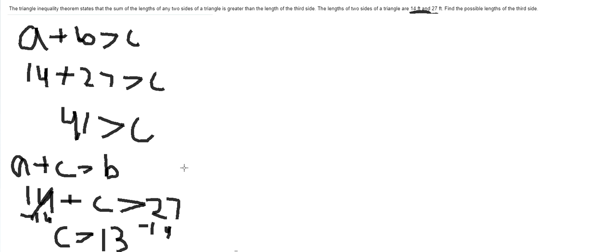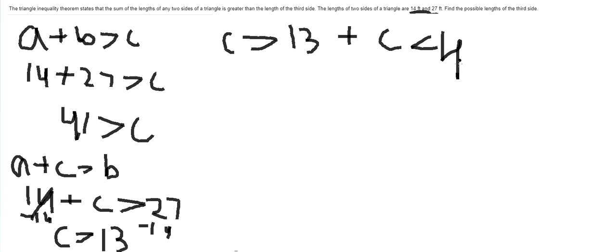So this is basically saying C is greater than 13 and C is less than 41.